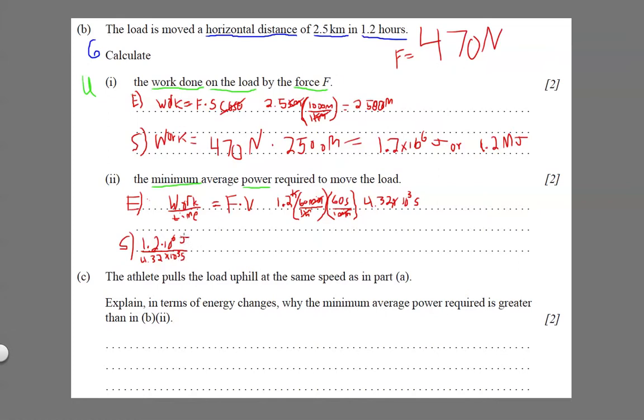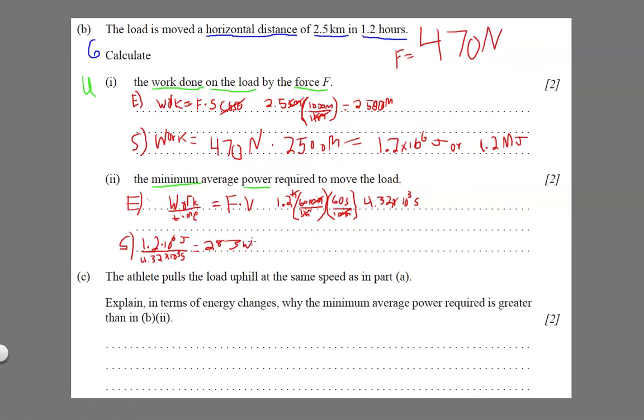Notice I have joules divided by seconds here, so as long as the magnitude of my values is correct, the units are obviously right. Calculate that out. Maybe you might want to stop the video and do it yourself. This equals 283 watts.